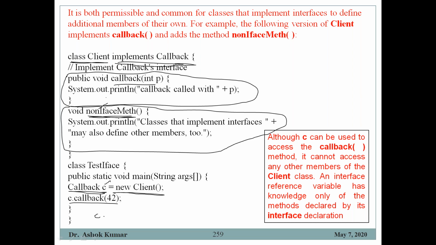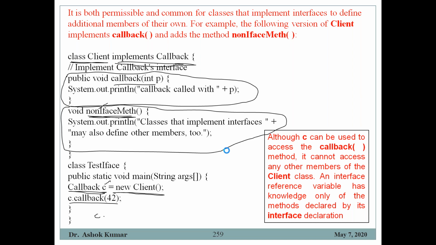If you now want to call the non-interface method, you have to create the object of the client class, and the reference should also be of the client class type. So this is how you can call the method of the client class.